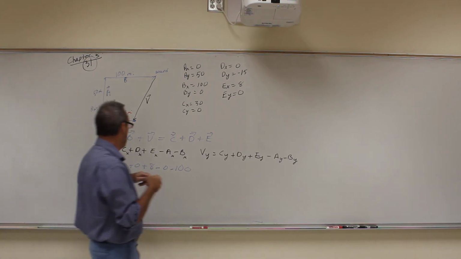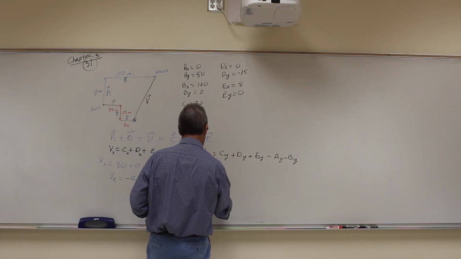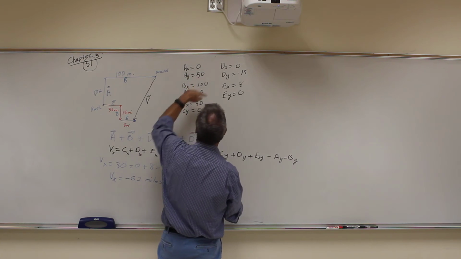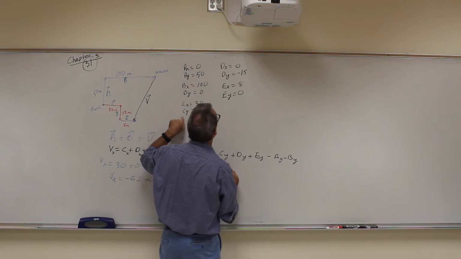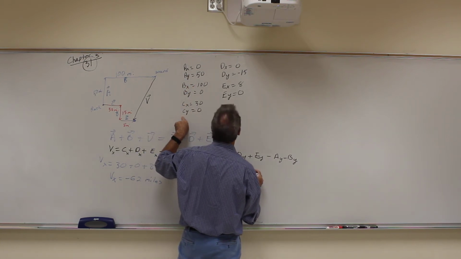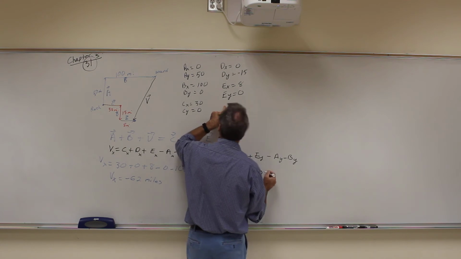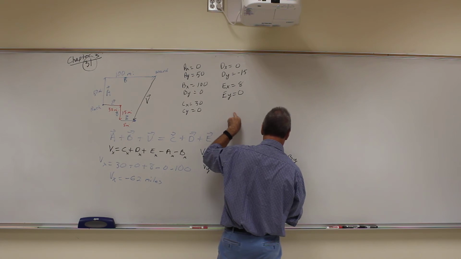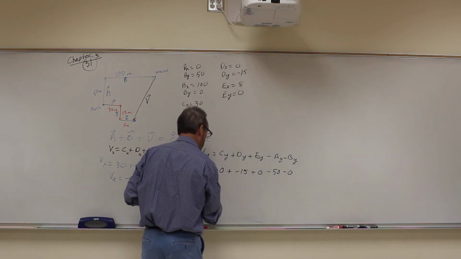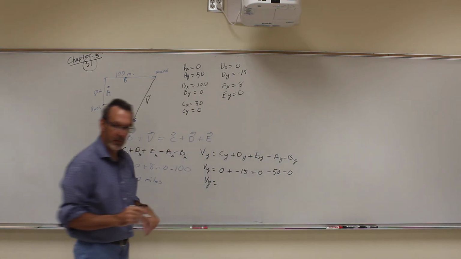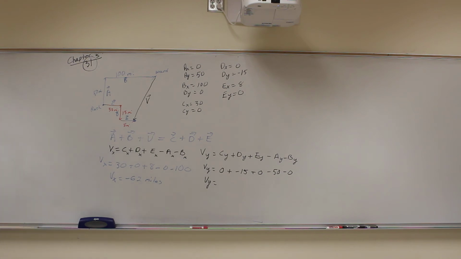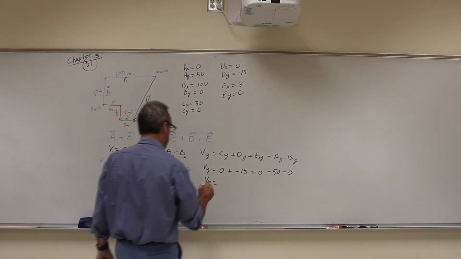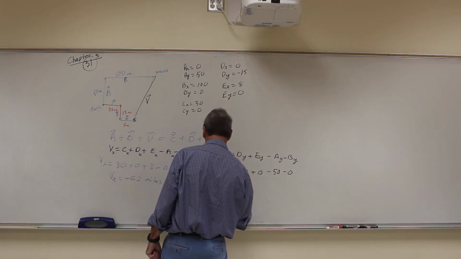And over here, Vy is going to be Cy, so 0, plus negative 15, plus 0, minus 50, minus 0. Vy is going to be equal to minus 65 miles.